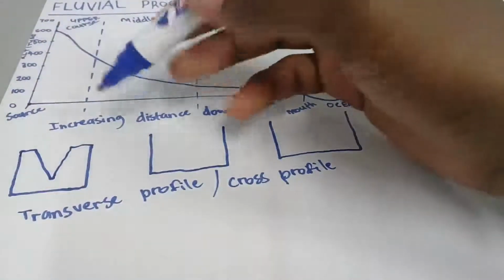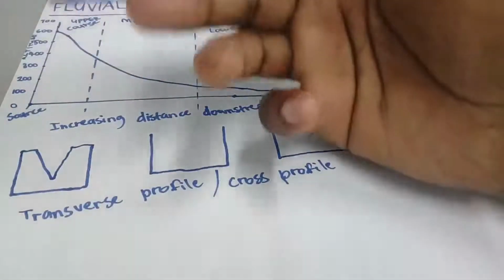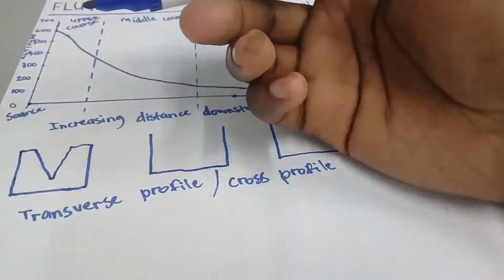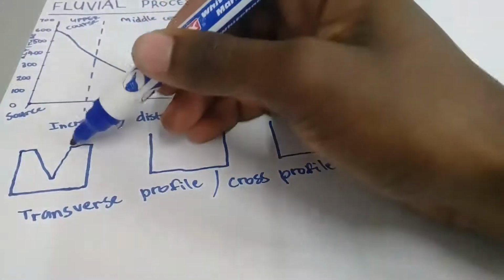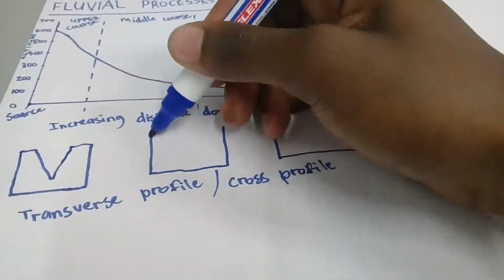You can see it's narrow on the upper course because it's steep. The water doesn't stay much time. It just flows down because it's deep.